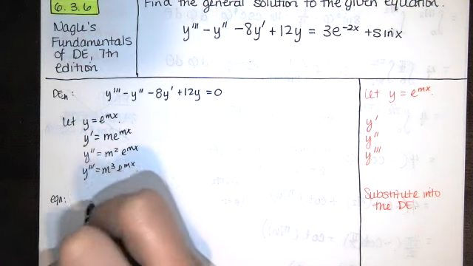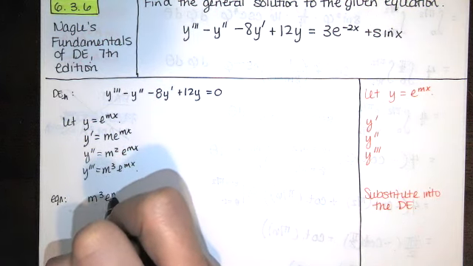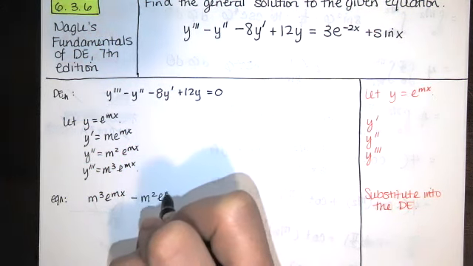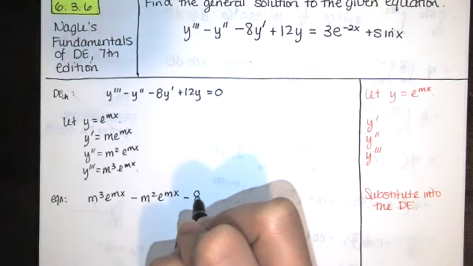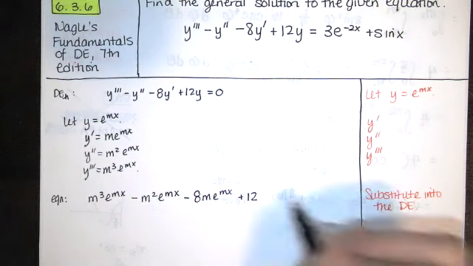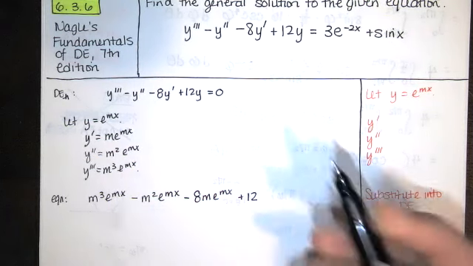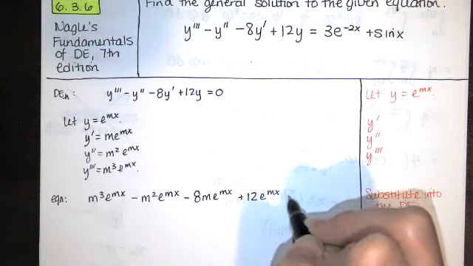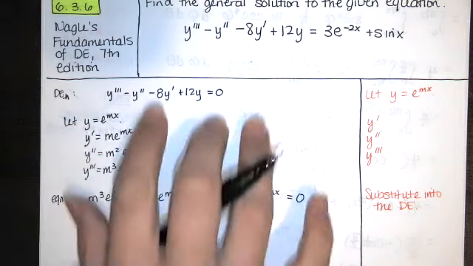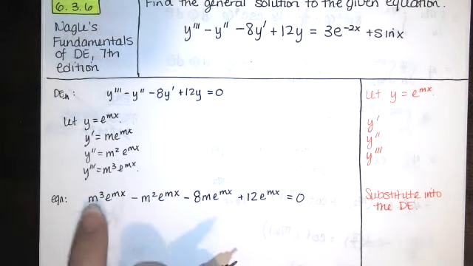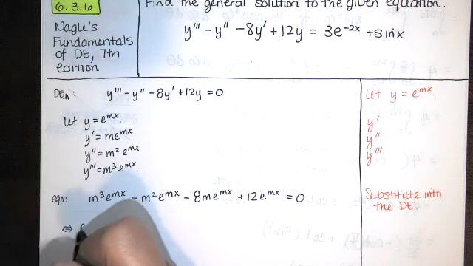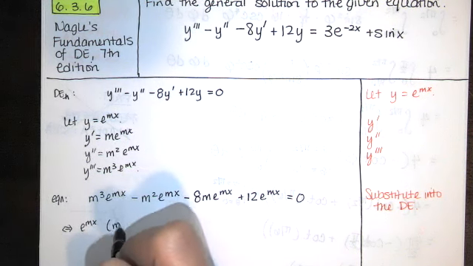Y triple prime, which is m cubed times this exponential, minus y double prime, m squared times the exponential, minus 8 times y prime, that's m times the exponential, plus 12 times our original guess, y equals e to the mx. And so if y equals e to the mx is the solution of this equation, then m must satisfy this algebraic equation. Now we can factor out an e to the mx from everything.